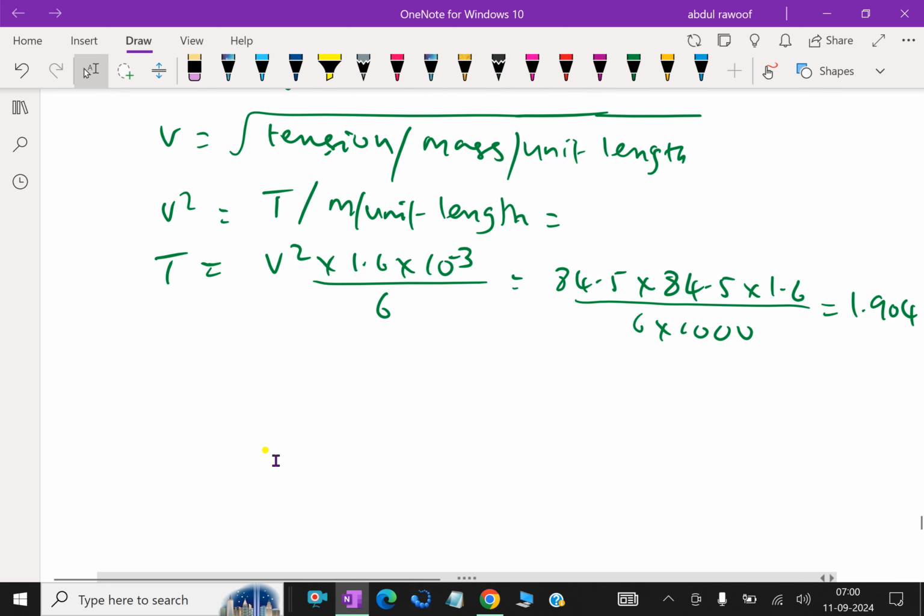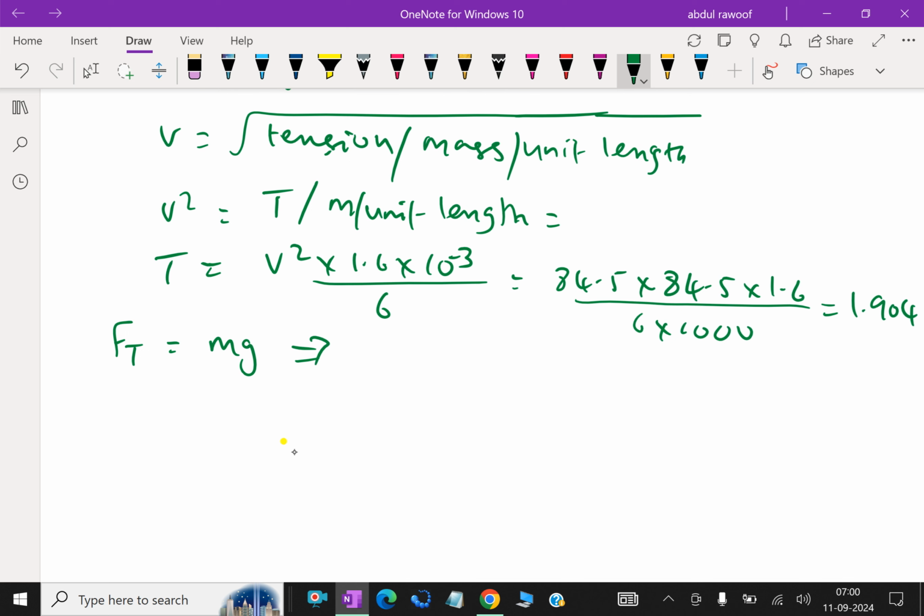Now that tension is force, Ft, tensile force equal mg. From this we can get mass that is hung: m equal Ft over gravity.